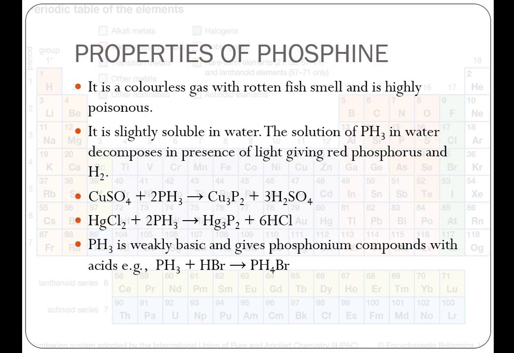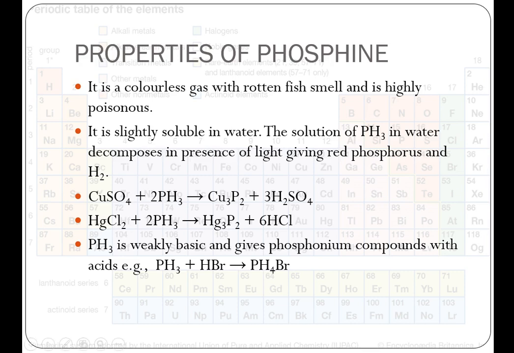It is a colorless gas with rotten fish smell and is highly poisonous, slightly soluble in water. The solution of phosphine in water decomposes in the presence of light, giving red phosphorus and hydrogen. When absorbed in copper sulfate or mercury chloride, then corresponding phosphides are formed.